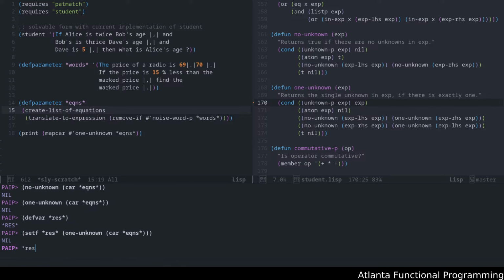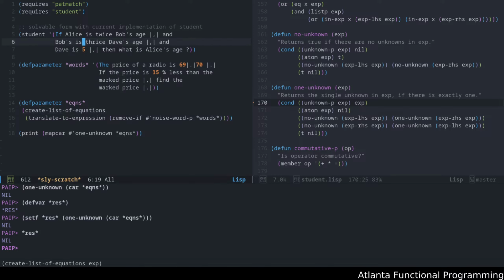Okay, so what is res? Huh. So let us try one other thing.